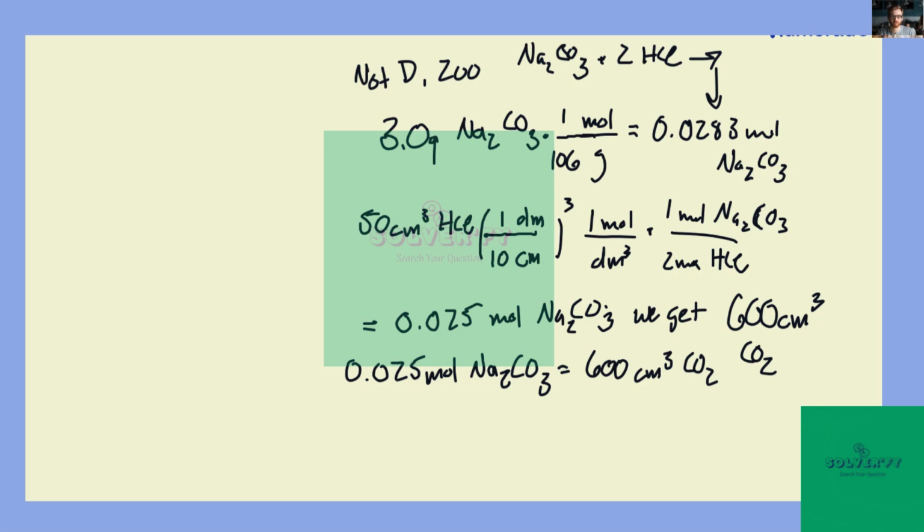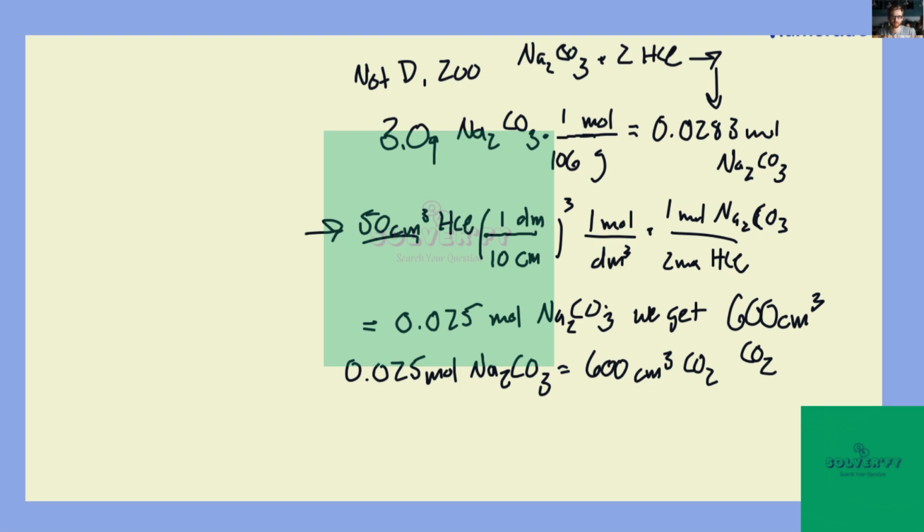Okay, now in the second part, to answer the actual question, what happens when you use 1 gram instead of 3 grams? Note that we're still using the exact same amount of HCl. We're still using 50 centimeters cubed, and it's the same molarity, which means that the number of moles of HCl we have is the same as it was the first time around.